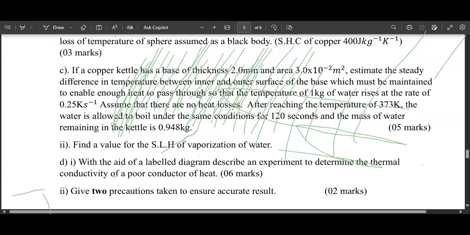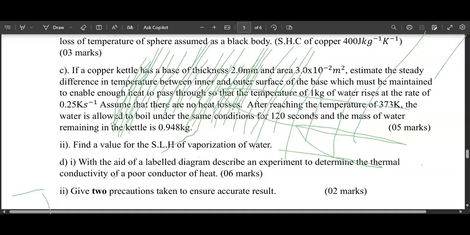4200 times 0.25 times 2 times 10 power negative 3, I'm coming up with 2.1. Then we shall have 3.8 times 3, which is giving me 11.4.